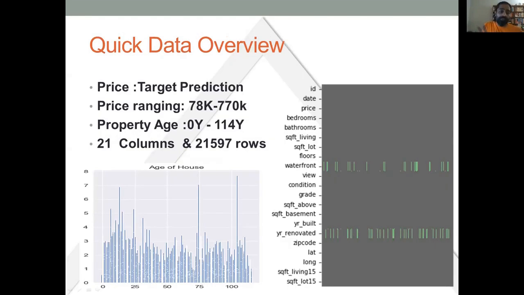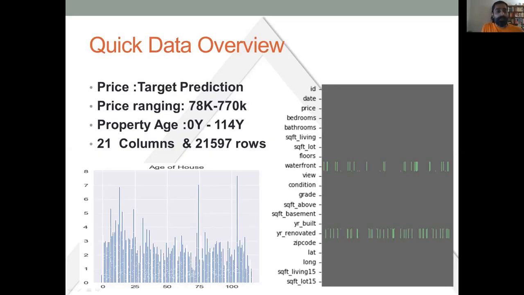The age of the property ranged from the newest properties, which I can even consider under construction because there are negative values, to a span of 114 years.